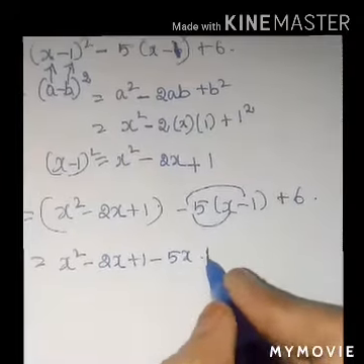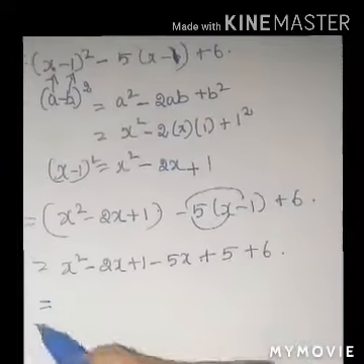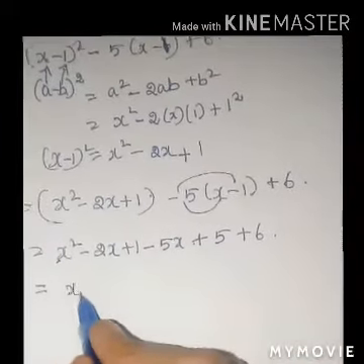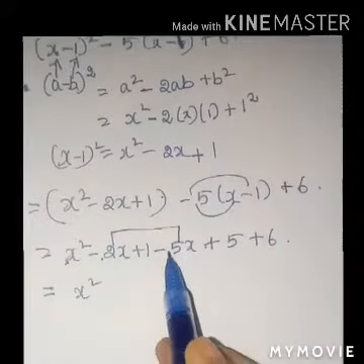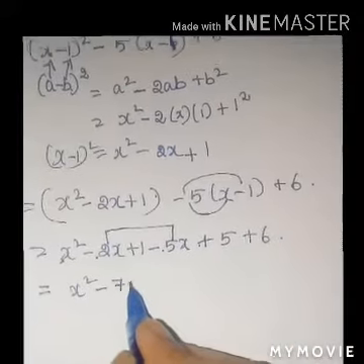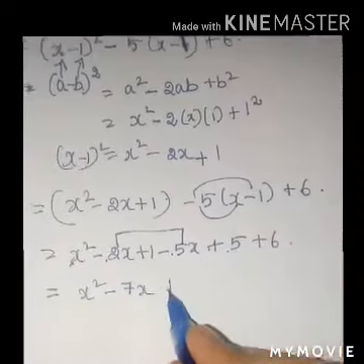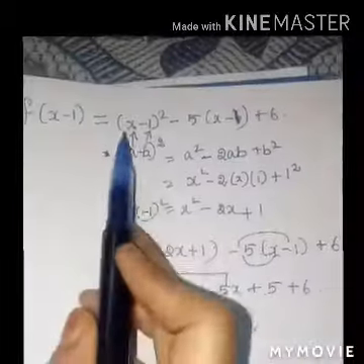Minus into minus, plus 5 into 1, 5, plus 6. Okay, now let us simplify this. x square, we have only one x square term. We got 2x term here: minus 2 minus 5, minus 7x. 1 plus 5 is 6, 6 plus 6 is 12. So this is what your function f of x minus 1 value is.